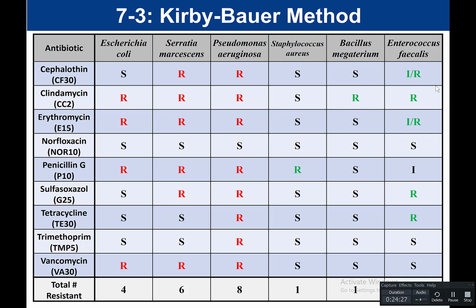So when you're looking at this, there are reasons that we chose these different bacteria. E. coli, Serratia marcescens, Pseudomonas aeruginosa, these are all examples of gram-negative bacteria. On the flip side, if I look at Staphylococcus aureus, Bacillus megaterium, and Enterococcus faecalis, those are all going to be gram-positive.